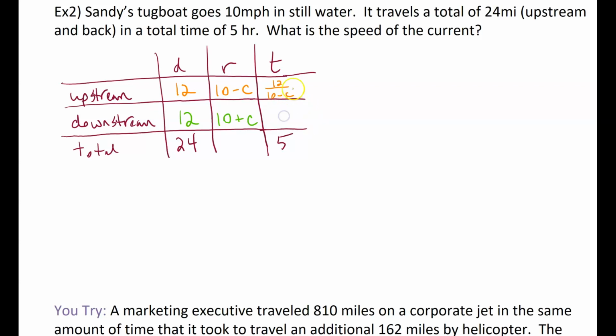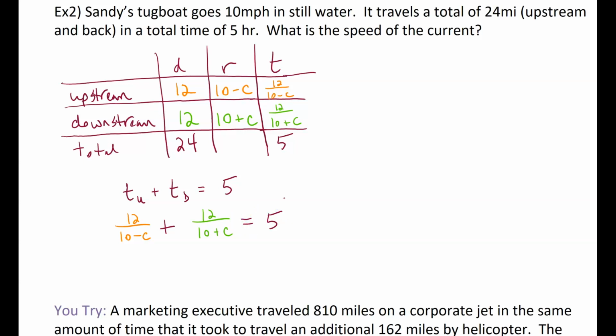Write it. 12 over 10 plus C. All right, so again, if I'm looking at the time going upstream plus the time going downstream, together that should add up to 5. All right. My upstream time is 12 over 10 minus C, plus my downstream time is 12 over 10 plus C, and again, those two should add up to 5.